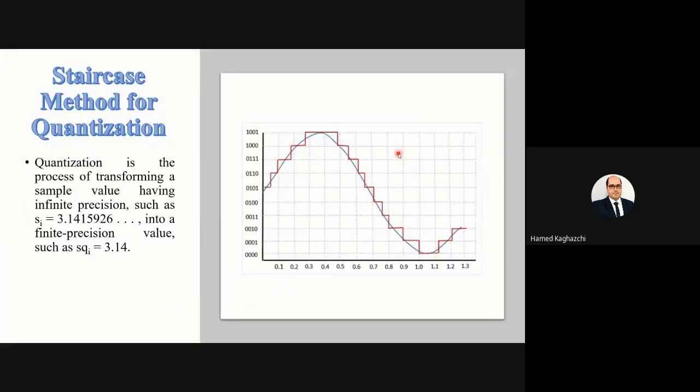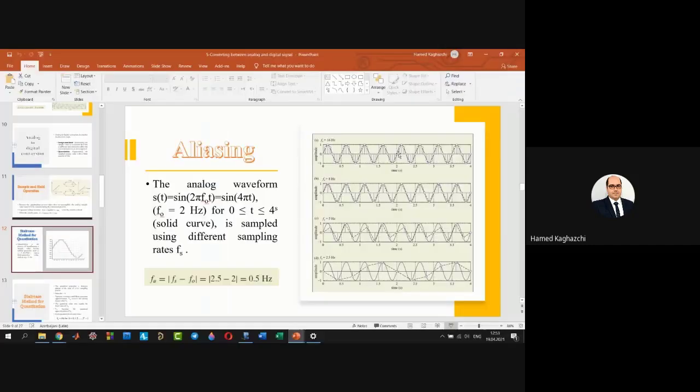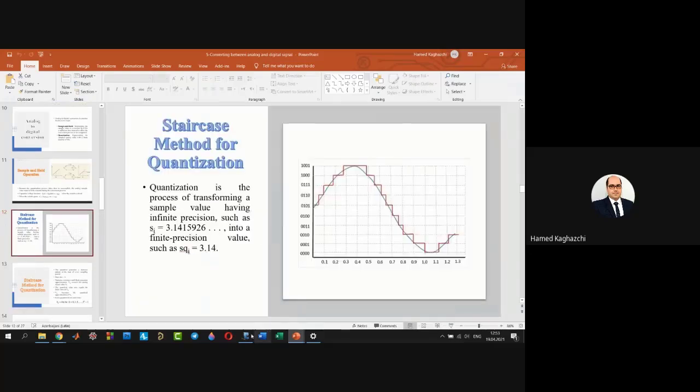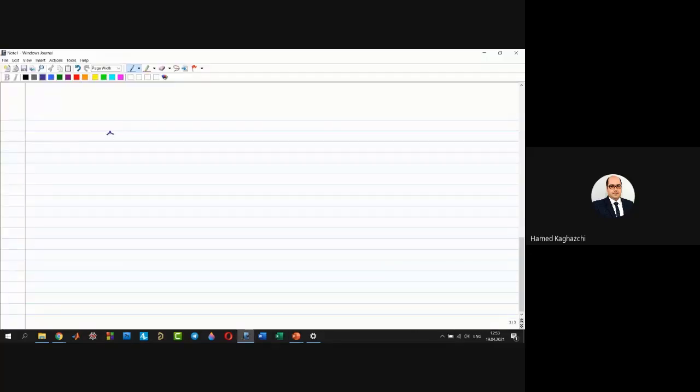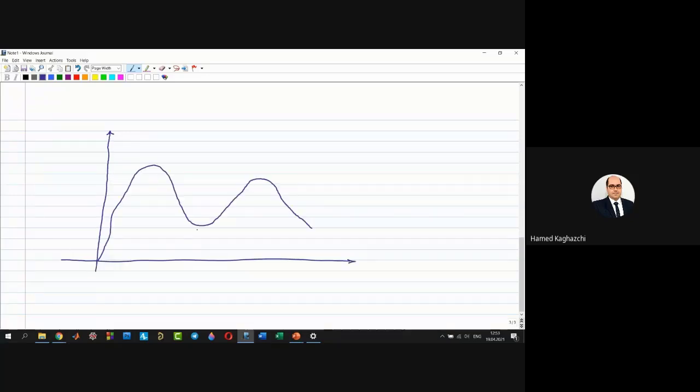Now, this is the time of quantization. How can I quantize my signal? Suppose that I have this signal and I sampled my signal using this duration.